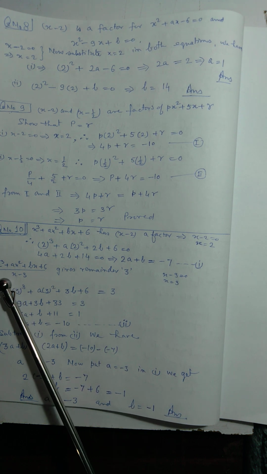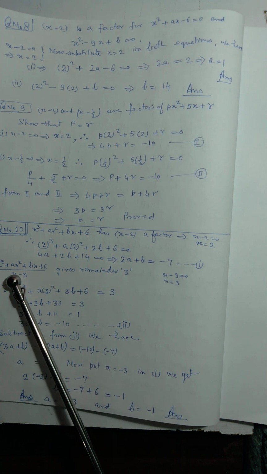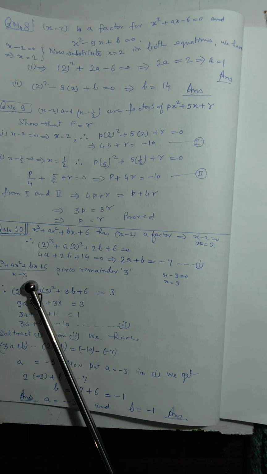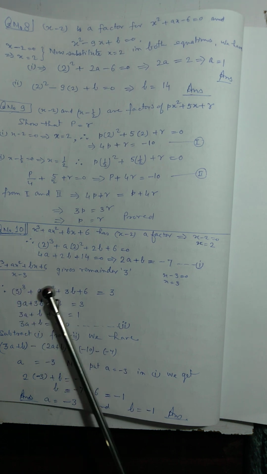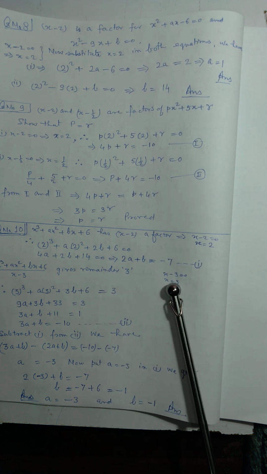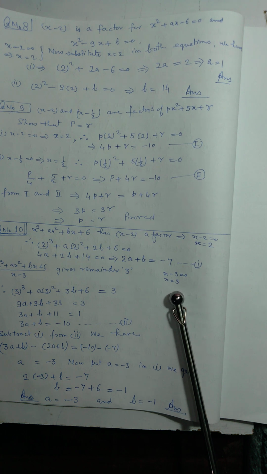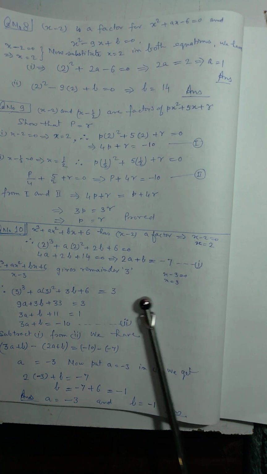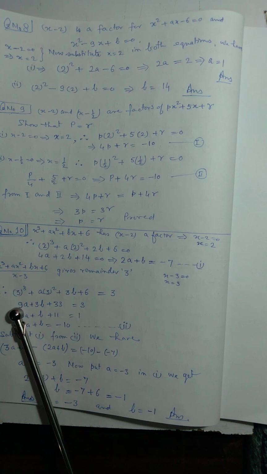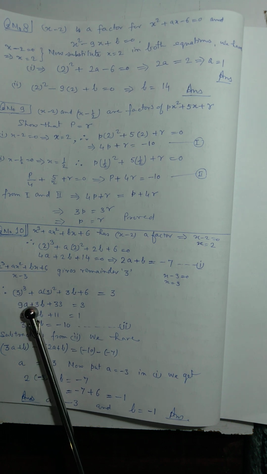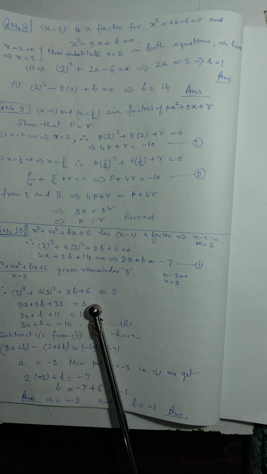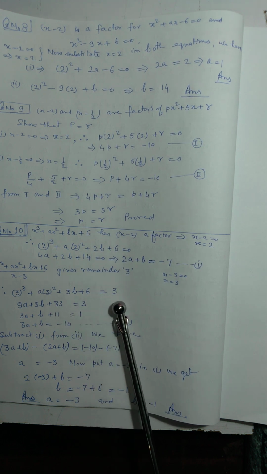Now x cube plus ax square plus bx plus 6, when it is divided by x minus 3, gives the remainder 3. So x minus 3 equal to 0, x will be equal to 3. Now substitute the value of x is equal to 3 in the given expression. 3 raised to power 3 plus a into 3 raised to power 2 plus 3b plus 6 should be equal to 3.